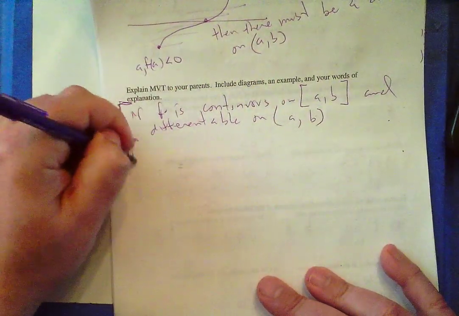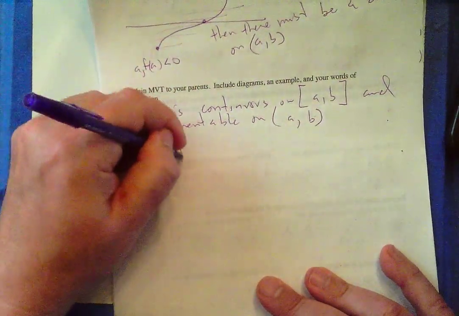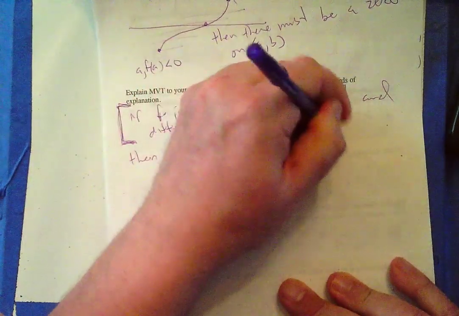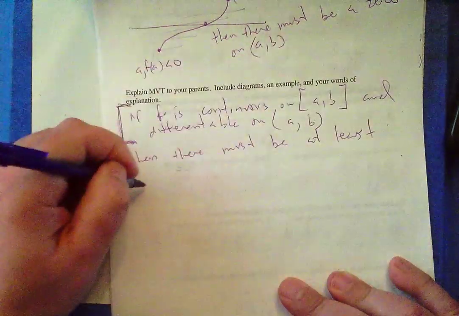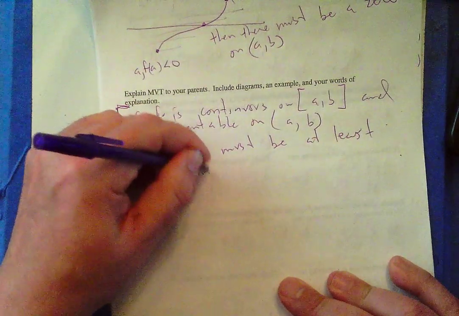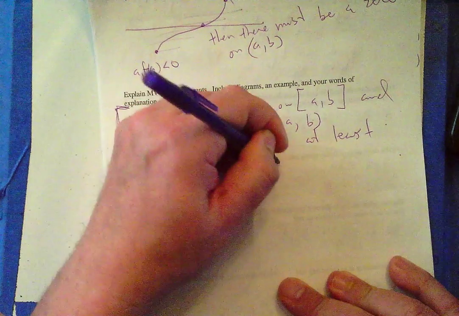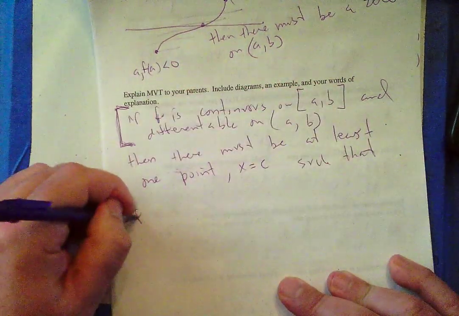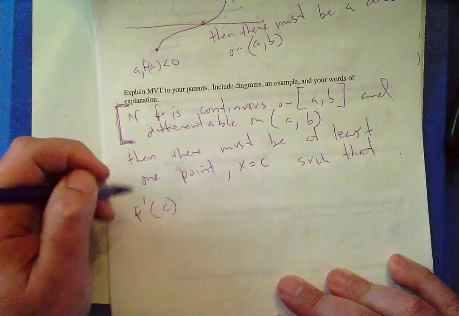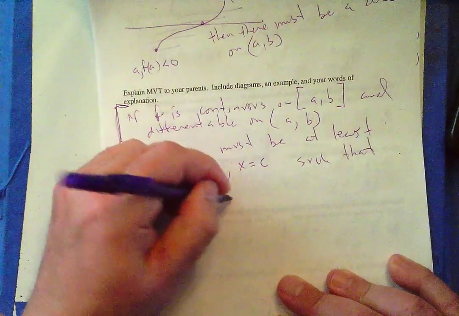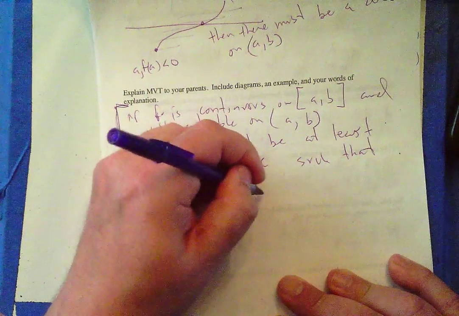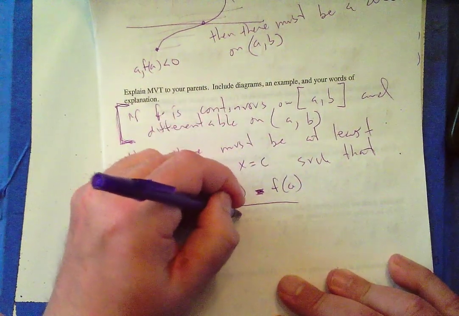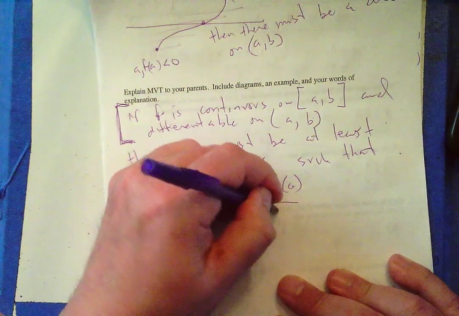Then what must be true? Then there must be at least one point x equals c such that f prime at that point, the slope at that point, is equal to the average rate of change, or the slope of the secant from a to b on f of x.